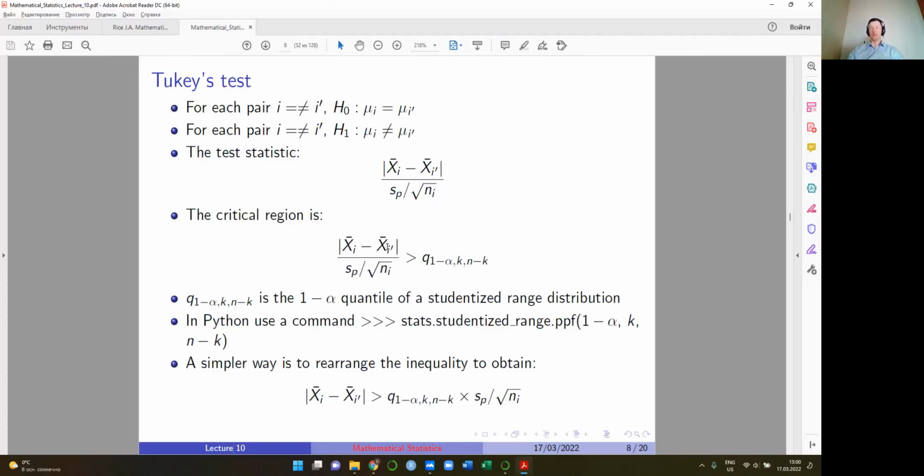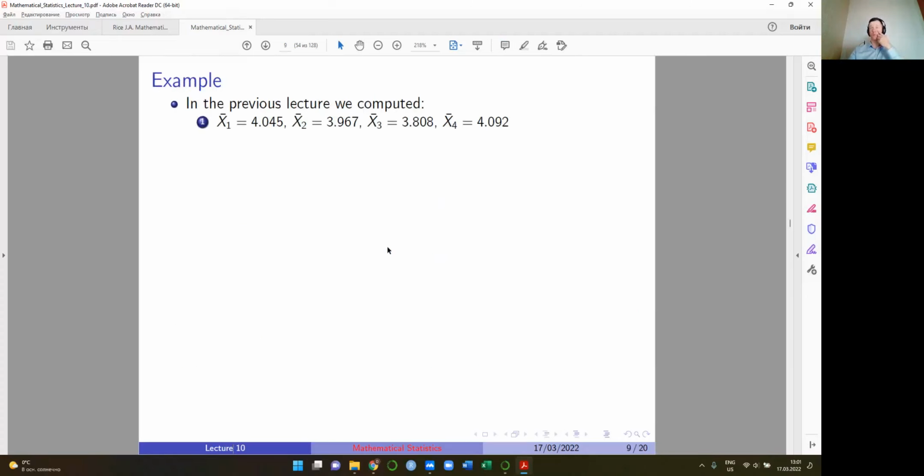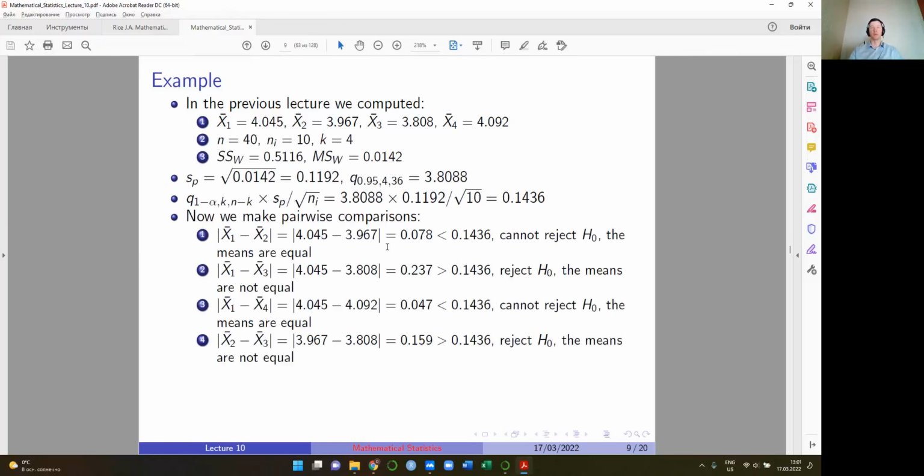If it is just, do we have evidence that some population parameter differs from some number or from something else, then you state the alternative hypothesis as not equal. And that's it. So that's, let's say, a practical approach, right? How to deal with all these things. So don't be confused. It's kind of a simple thing.